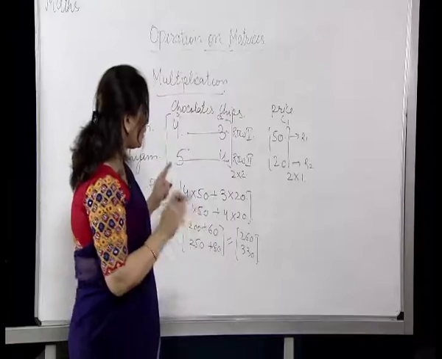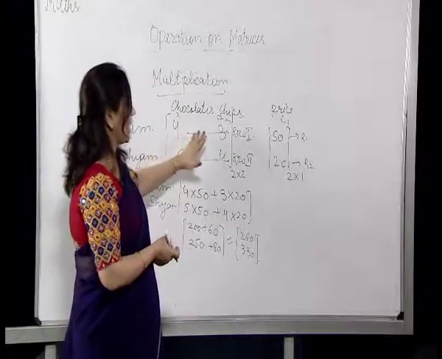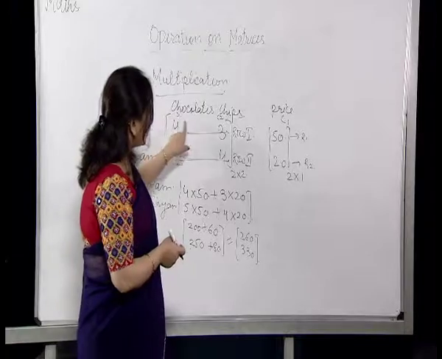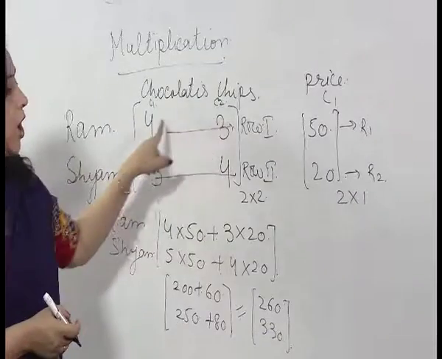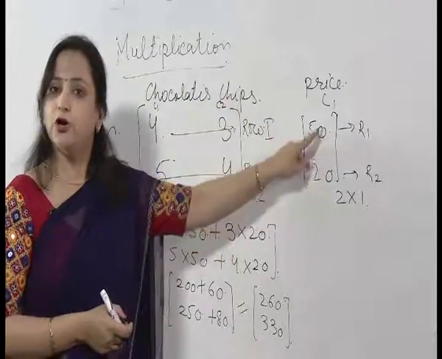If you want to multiply the two matrices, what is the requirement? The number of columns. How many columns are here? 2 columns. And how many rows are here? 2 rows.